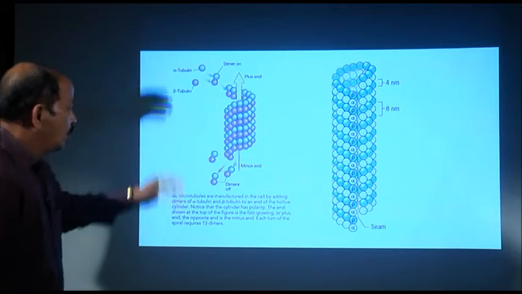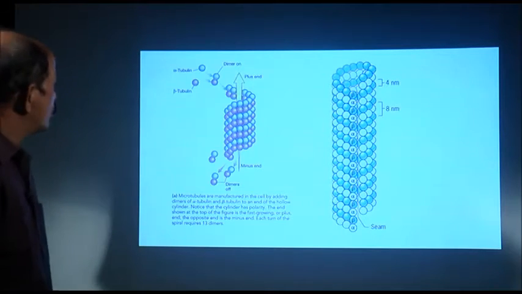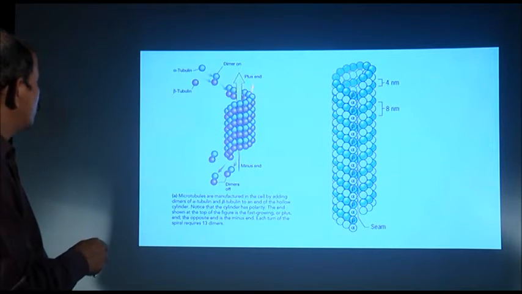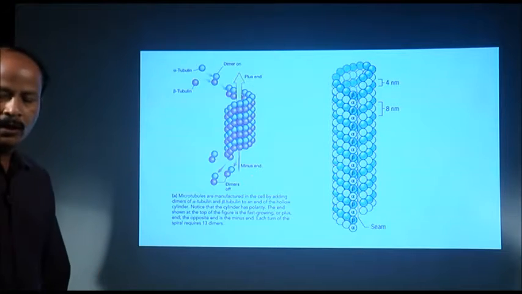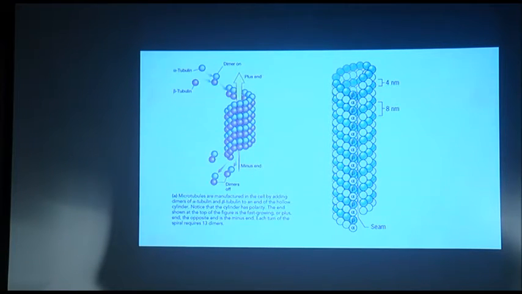So, a microtubule is a hollow structure, it is a dynamic structure, it has a plus end as well as a minus end, a growing end and a depolymerizing end, and they are responsible for forming the spindle fibers.